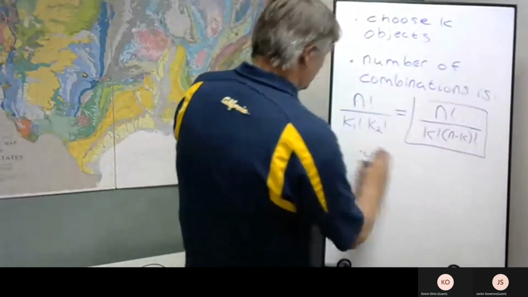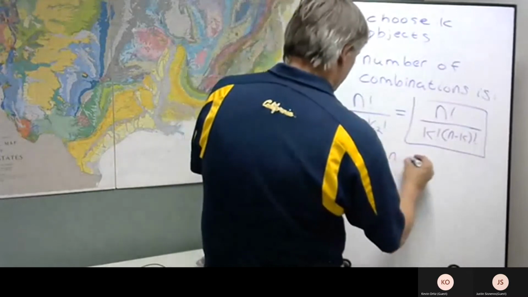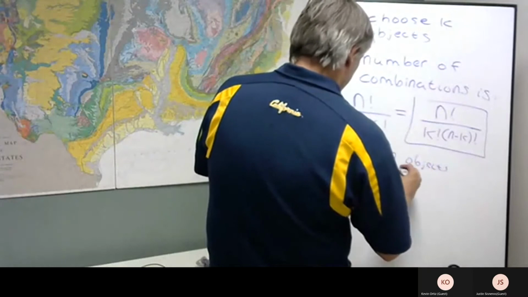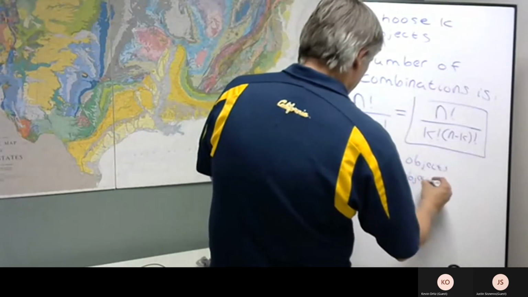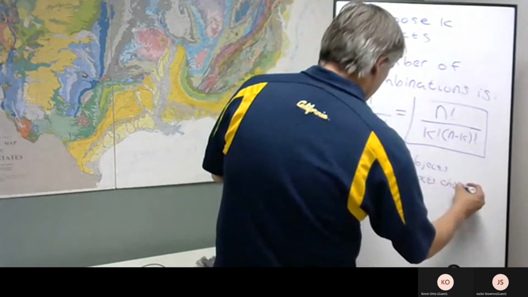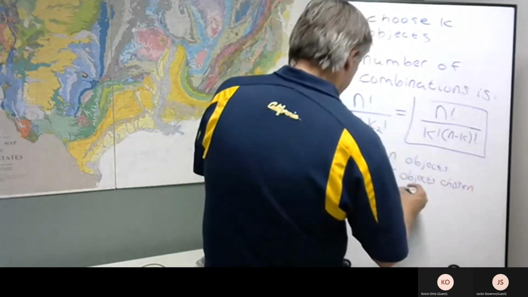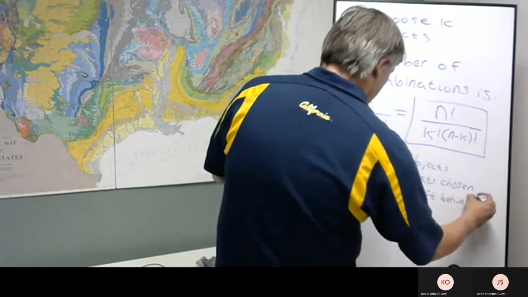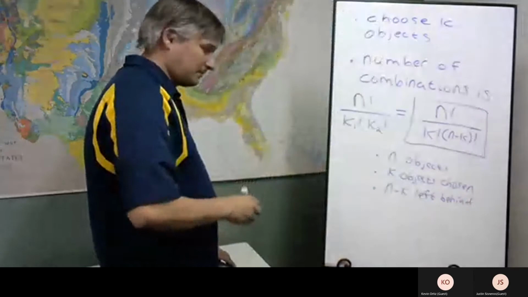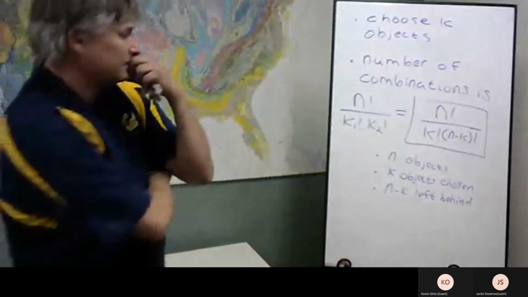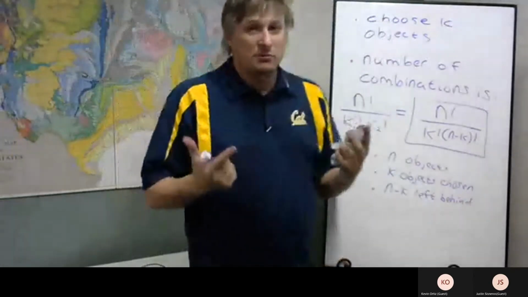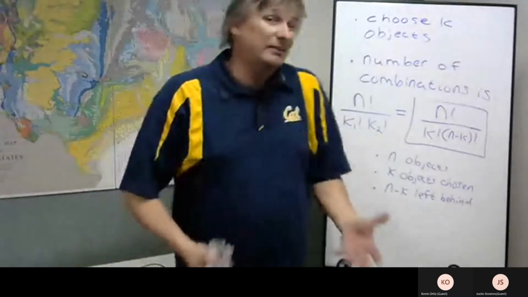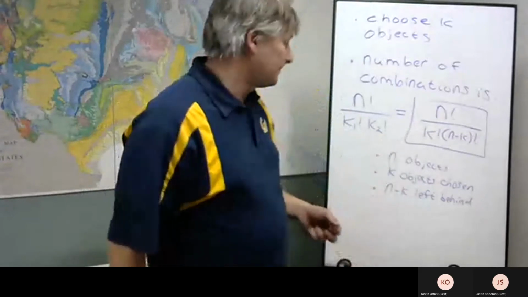So again, there's going to be n objects, K objects chosen, and n minus k left behind. So we have two groups: whomever or whatever we chose, and whomever or whatever got left behind. Those are the two groups.